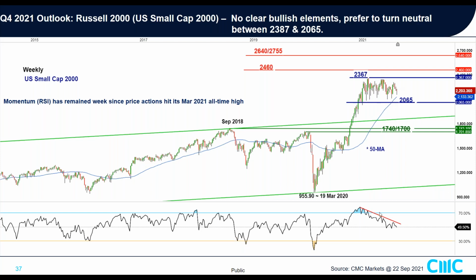So with the current lackluster technical elements of the small cap stocks, the Russell 2000, we will prefer a neutral stance in the next quarter, Q4. That means sideways between 2367 and 2065, more of a sideways range.